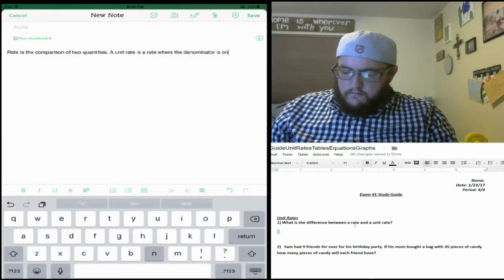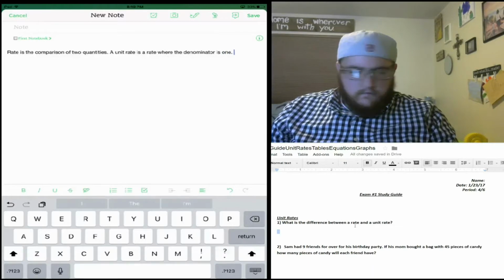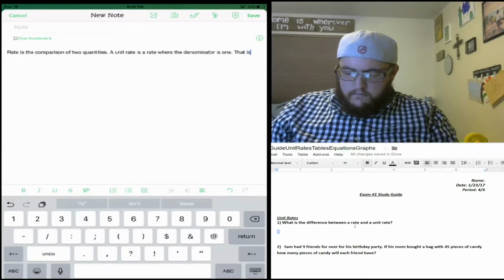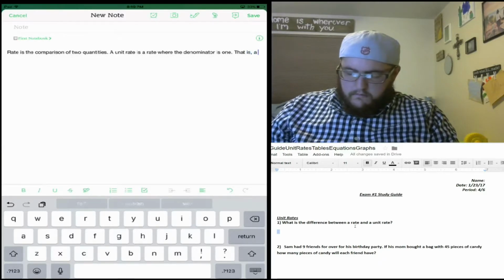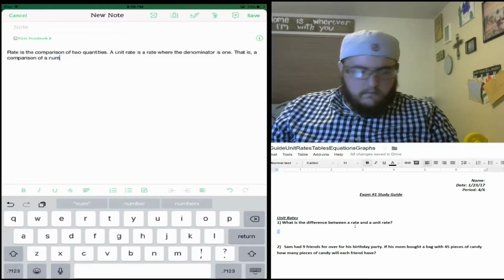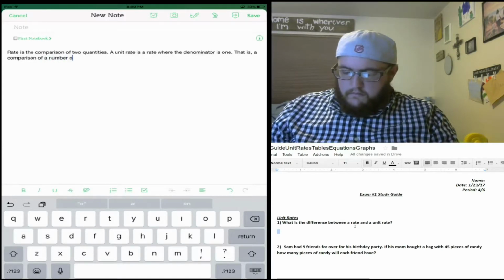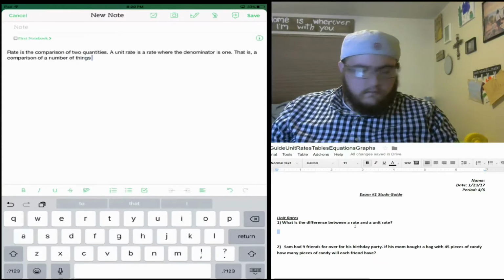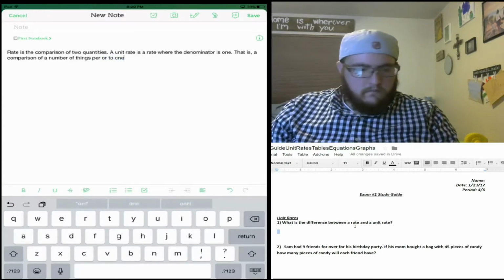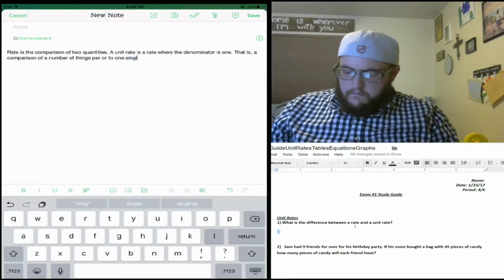A unit rate is a rate where the denominator is 1. That is a comparison of a number of things per or to one single thing.